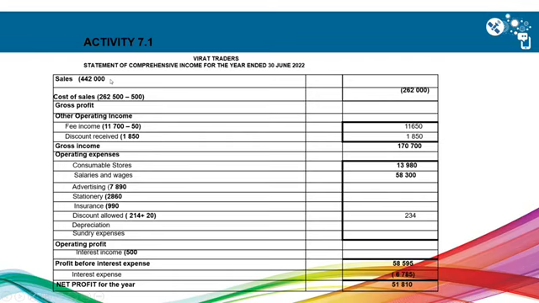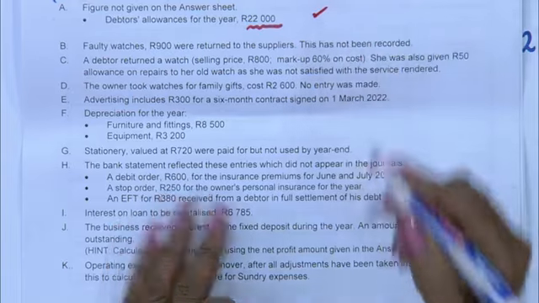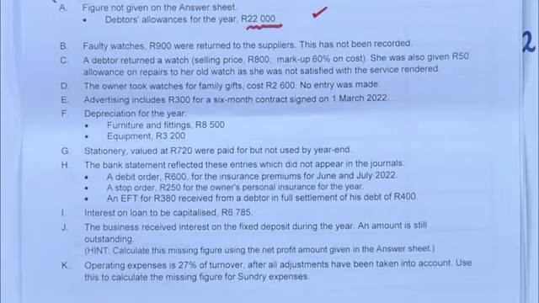So let's go and punch in our 22,000. What is the effect? It clearly tells us that debtors' allowances needs to be deducted from my sales. Allow me to move on, grade 10s. Now we're moving to B. My A is finished or completed.